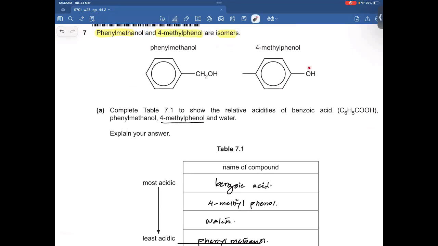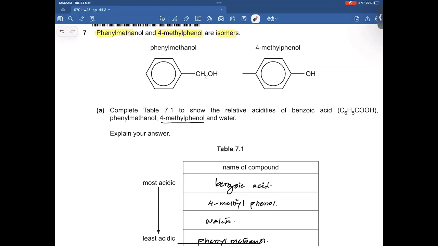In 4-methyl phenol, the lone pair of oxygen in the OH group is delocalized with the pi bond of the benzene ring. Okay.